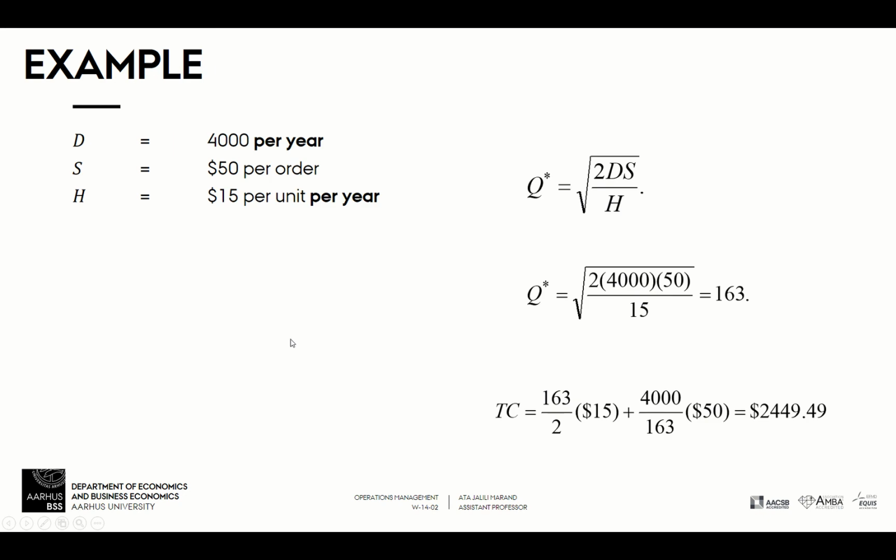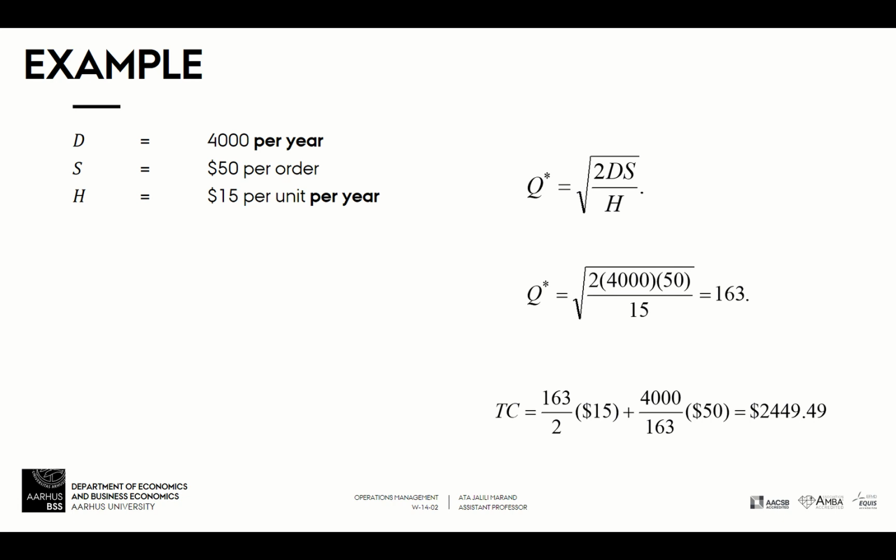Let's see a small example here. We have a demand equal to 4,000 per year. Fixed ordering cost S is equal to 50 per order, and then we have H, which is inventory holding cost, equal to 15 per unit of time per unit of product. To calculate the EOQ, we just need to use the formula.